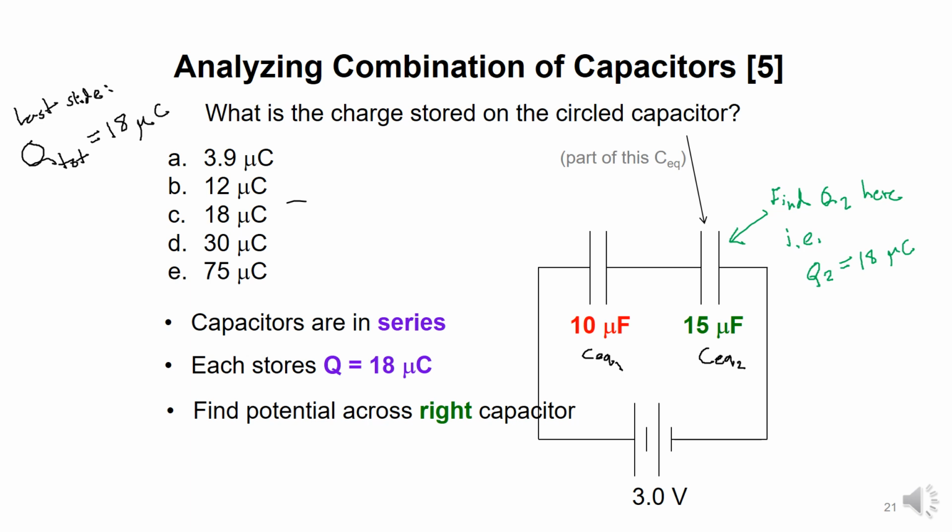Now let's find V2. Let's find the potential difference across this capacitor. All right. So here, let's call this, I guess, V2. And to find V2, we use the regular equation, Q equals CV. And this time, for C, we are going to use the capacitance of 15 microfarad, and for Q, we are going to use the 18 microcoulomb.